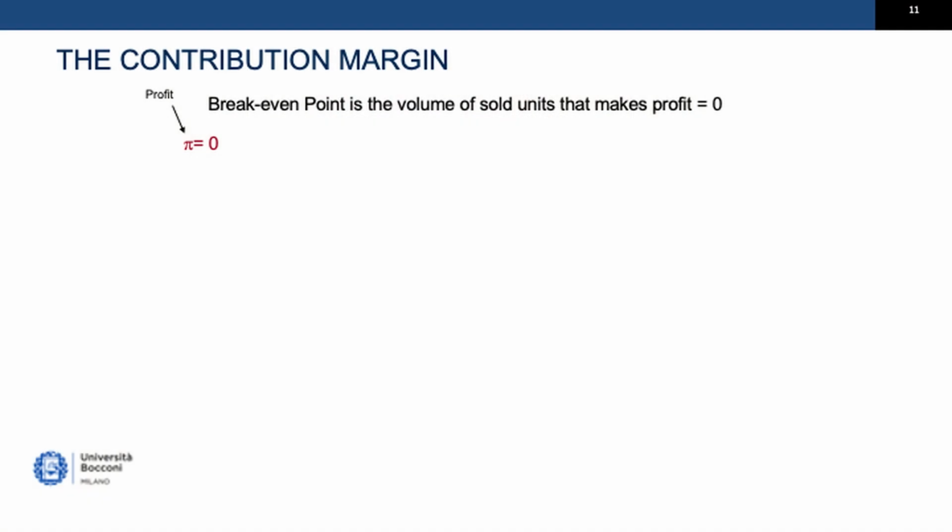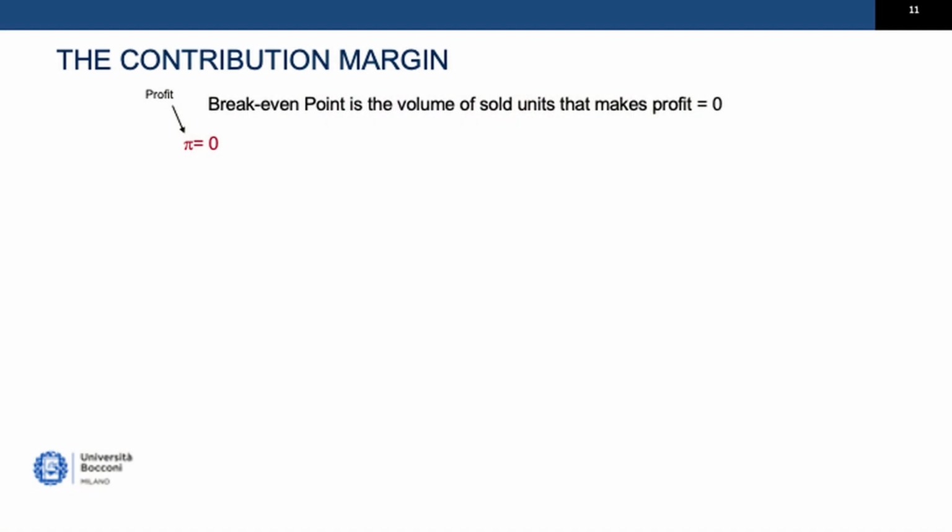Let's start estimating the break-even point with the algebraic formula. We said that the break-even is the total amount of units that must be sold in order to cover all the fixed costs and start getting some profit. That means that the profit at the break-even point is equal to zero.